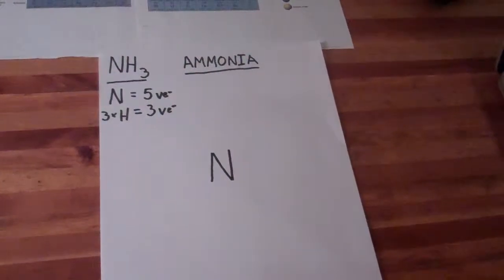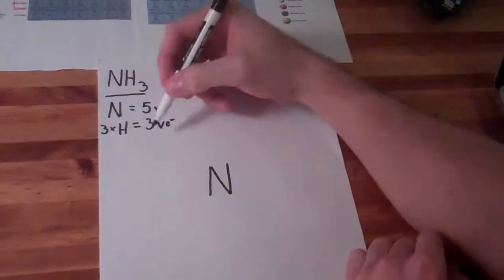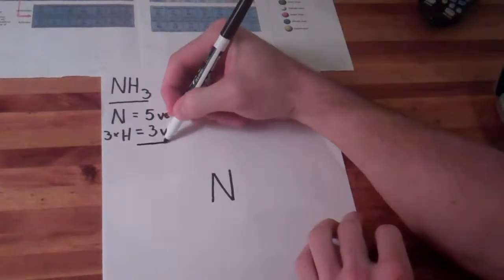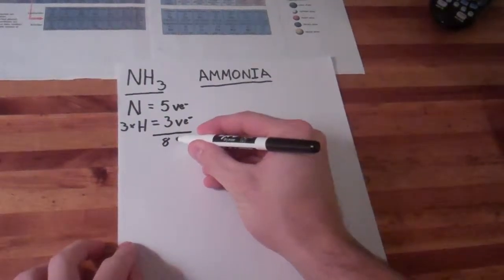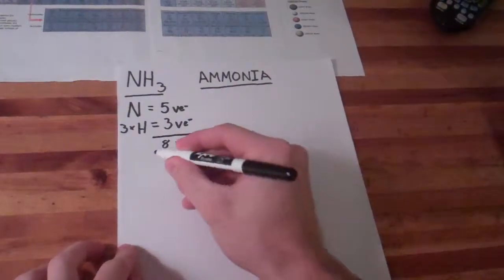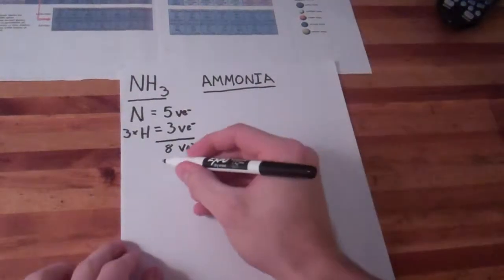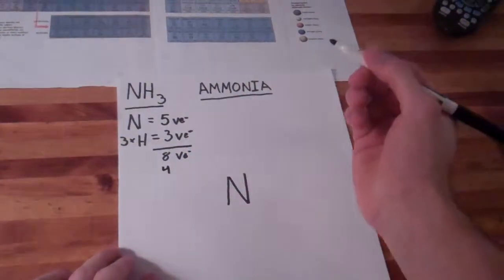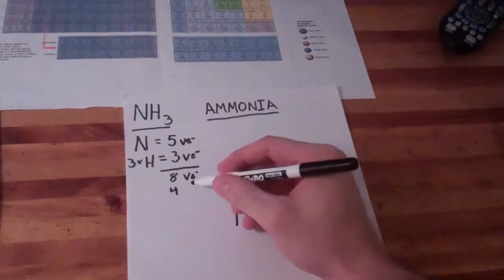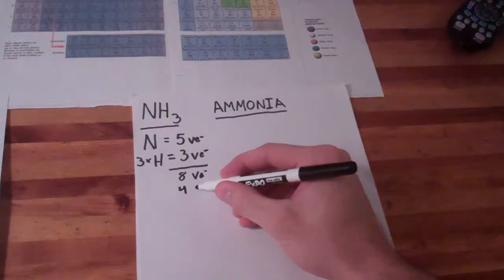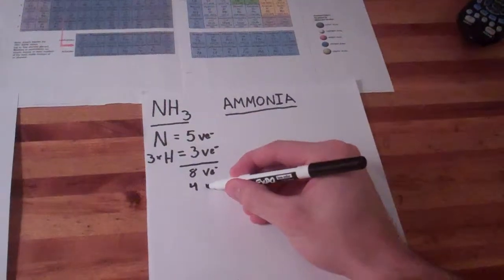So what we are going to do first is total them. Get a total of 8 valence electrons, and then if you divide that by 2 you get 4, and that's going to be your electron pairs. So I'll write it like this.